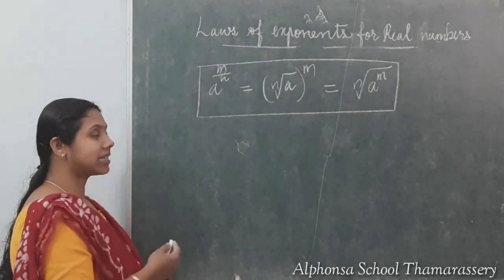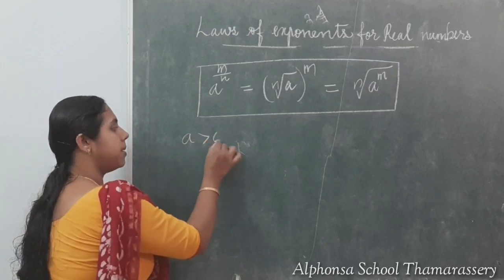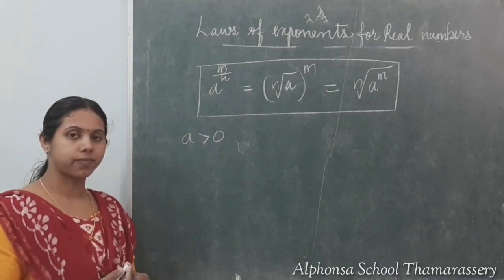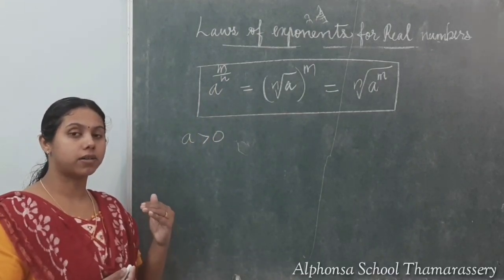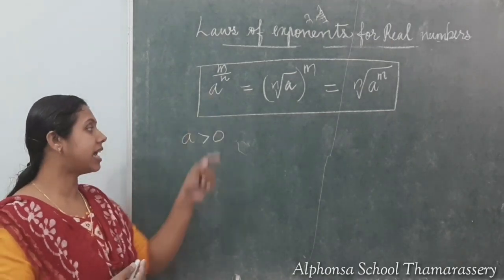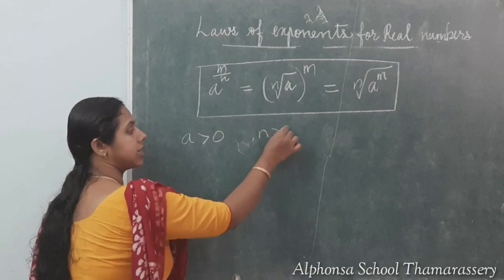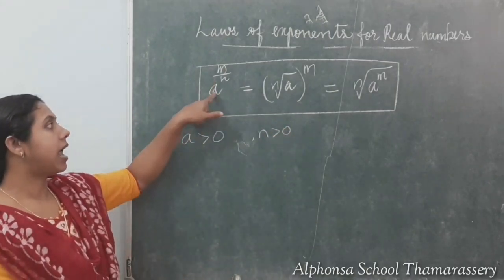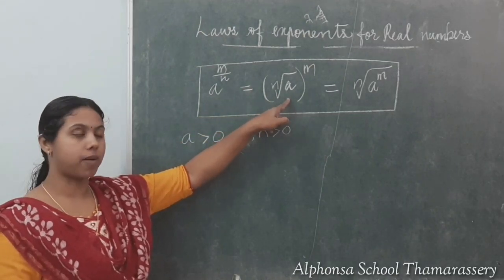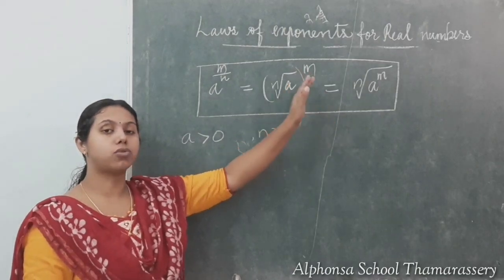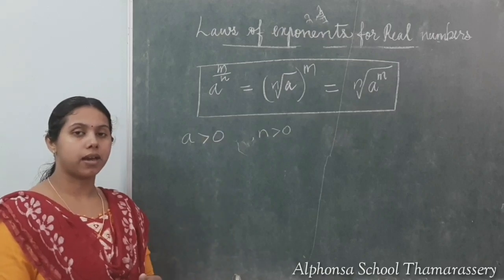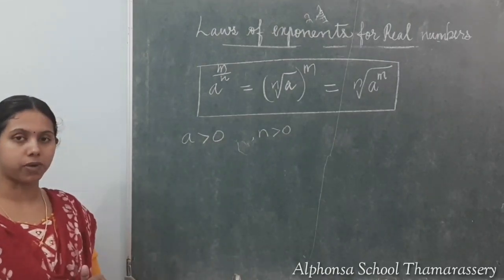Let A greater than 0 be a real number and M and N are integers, and N and M have no common factor other than 1, and N is greater than 0. Then A raised to M by N is equal to nth root of A whole raised to M, which is also equal to nth root of A raised to M. We now have the following extended laws of exponents.